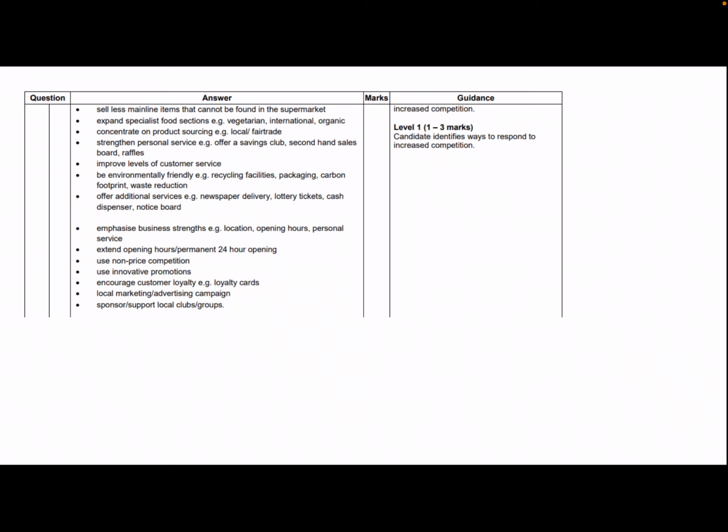Again, it could be fair trade, things like that. She's already selling vegetarian, international and organic food, so perhaps she could expand that range. It's obviously working because she's stocking it, so maybe there's a chance to expand it.